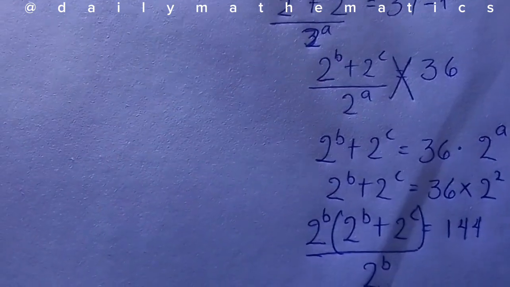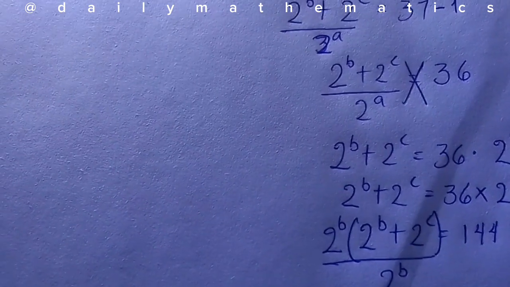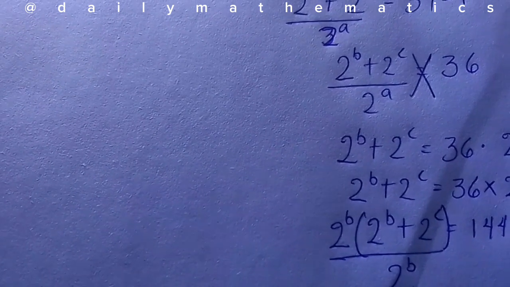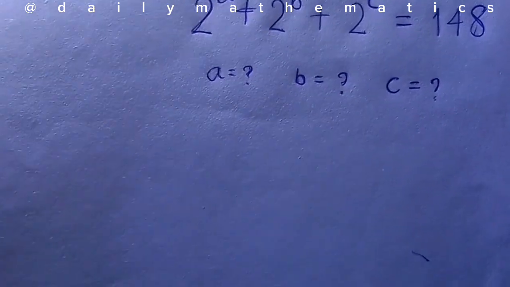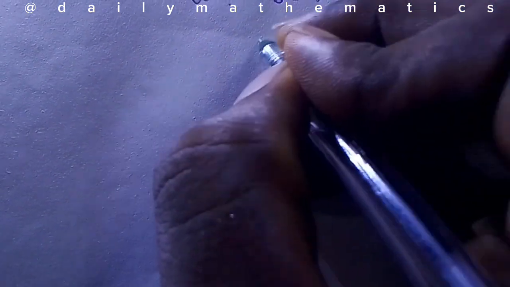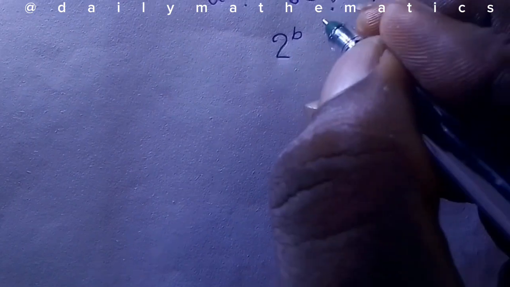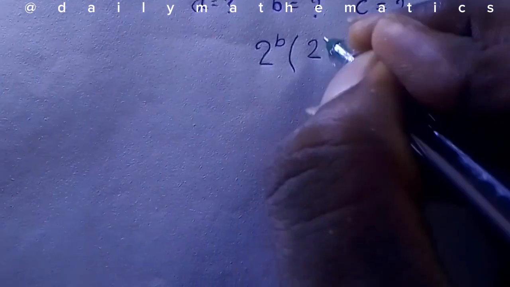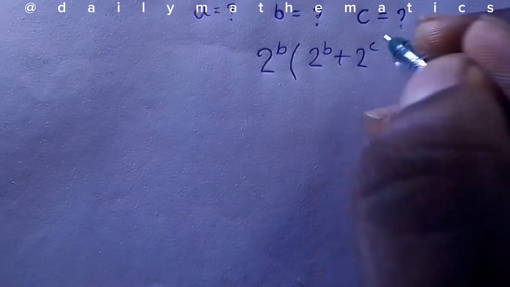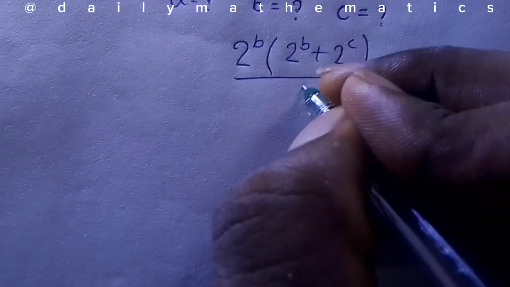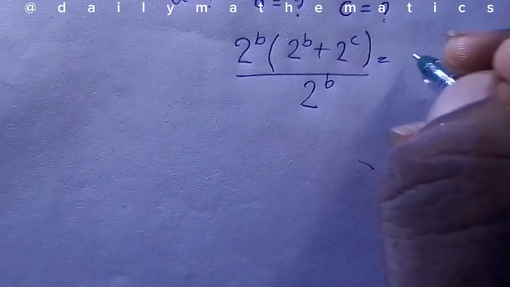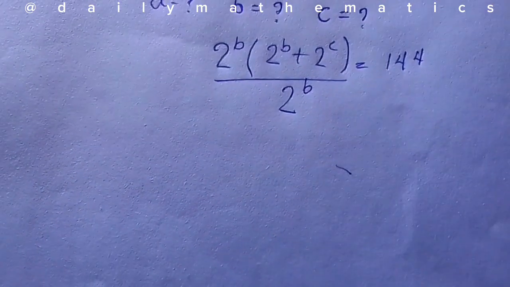So let's bring this 2 raised to the power of b here. So from here we will have 2 raised to the power of b, bracket, 2 raised to the power of b plus 2 raised to the power of c over 2 raised to the power of b equals 144, right?